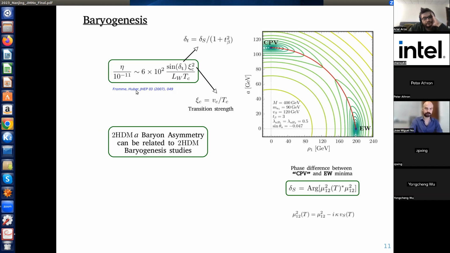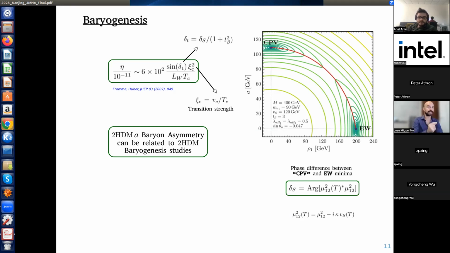So regarding baryogenesis, it turns out one nice thing of this model is that the baryon asymmetry can be straightforwardly connected to the one that you get in the two-Higgs doublet model. What I mean in practice is that the source of CP violation here is coming from this scalar VEV, as we will see in a second, and because this singlet scalar mixes with the doublet pseudoscalar from the 2HDM, what this is doing at the end of the day is inducing some space-time dependent phase that leaks to the fermions of the standard model via the Yukawas from the two-Higgs doublet model.